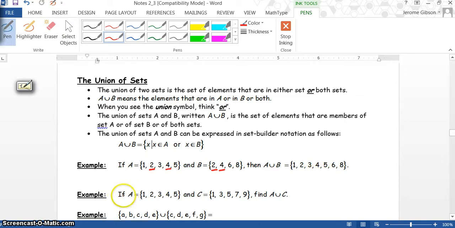So now, example, if A is equal to {1, 2, 3, 4, 5}, and C is equal to {1, 3, 5, 7, 9}, find A union C. So we could put equals. Now, if you notice here, we have 1, 2, 3, 4, 5, and then in this set, we have also 7 and 9. So it'll be {1, 2, 3, 4, 5, 7, 9}. And that is our final answer.